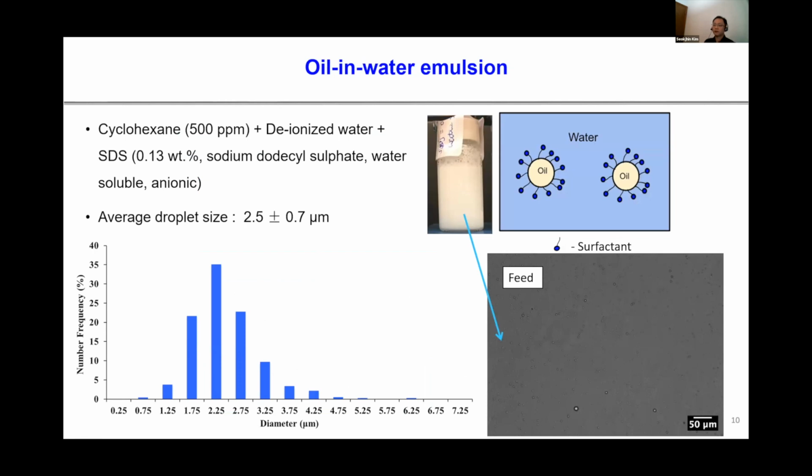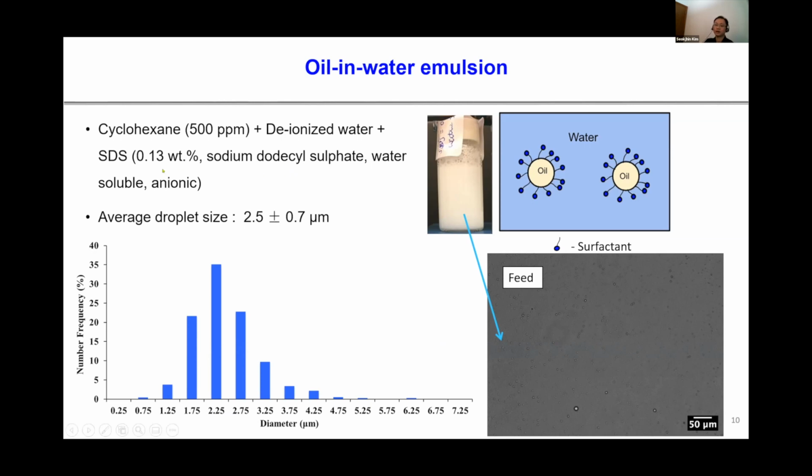Then we prepared oil in water emulsion in collaboration with Dr. Clint H.L. To prepare the oil in water emulsion, cyclohexane was used as the oil phase. DI water was used for the continuous aqueous phase.